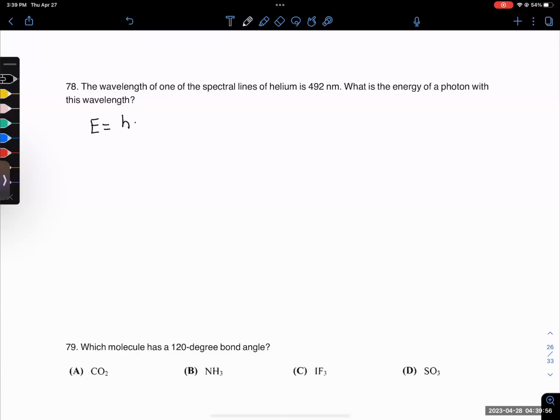One is Planck's constant times the speed of light over lambda, and the other is E equals h times nu. I don't like nu because it makes no sense, so I use f. We're not going to grade you on whether you use hv or hf. I've used hf since high school chemistry.